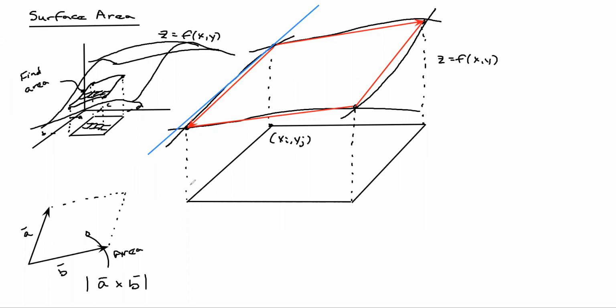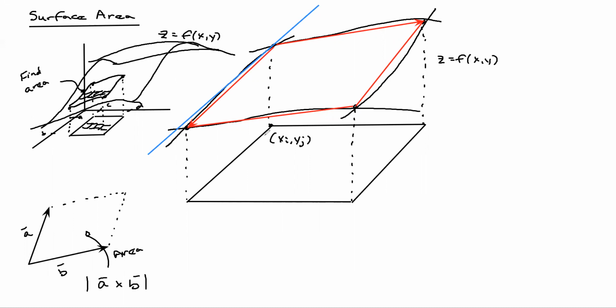All right, so what information do we have about that tangent line? Well, that tangent line is directly above a step in the x direction, right? If you look over here at our picture, this is the x direction. Notice how I've drawn the sides of the box here. They're parallel to the x direction.